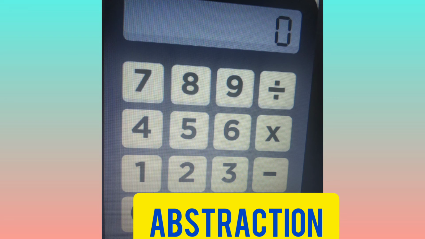It means what you understood from this: just showing the important information and hiding the background details is nothing but abstraction. So with the help of these things, we can have the solution for a complex task.